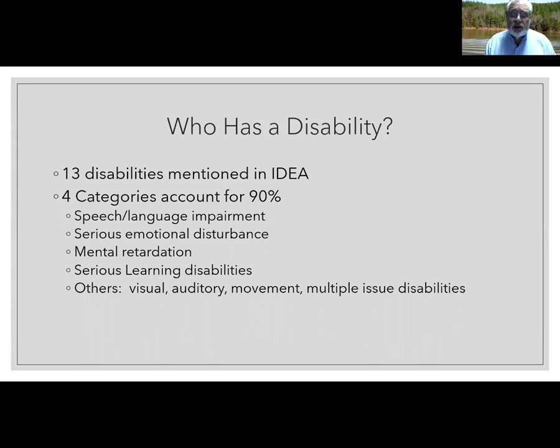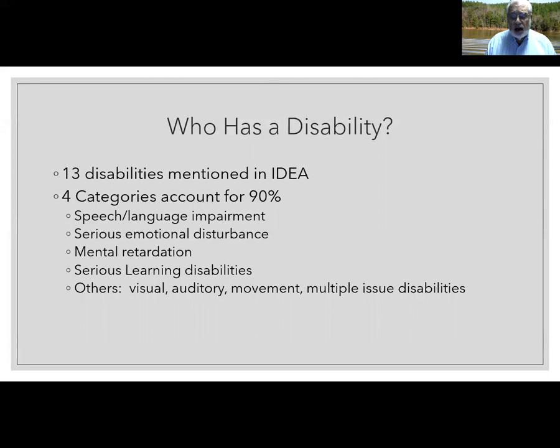Now, the question is, first, who has a disability? IDEA, the Individuals with Disabilities Education Act, which I think I have the years for coming up in a later slide, listed 4 primary categories: speech language impairment, serious emotional disturbances, mental retardation, and serious learning disabilities.